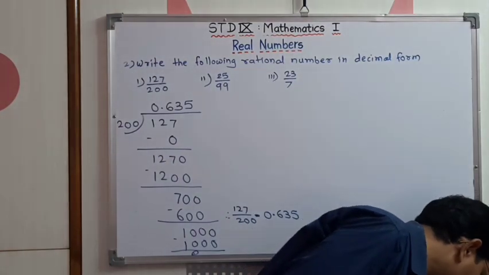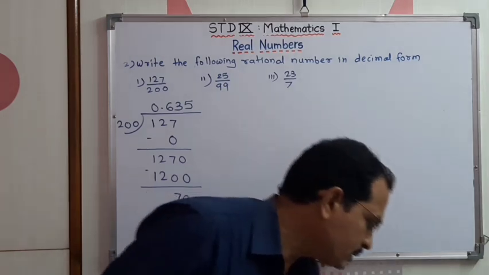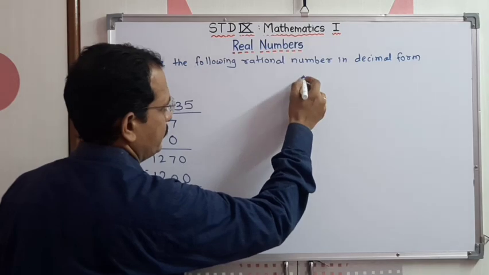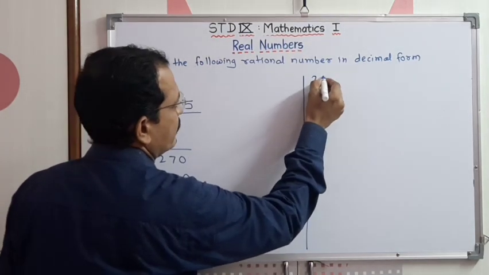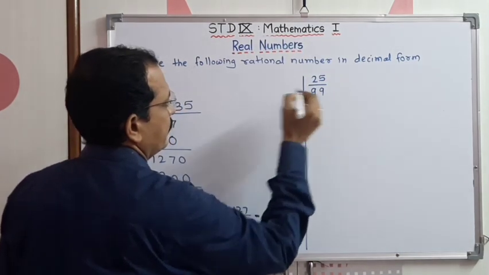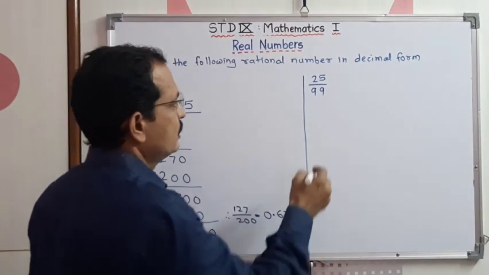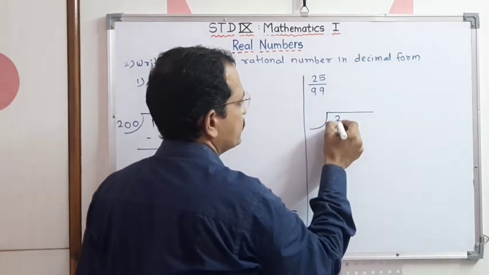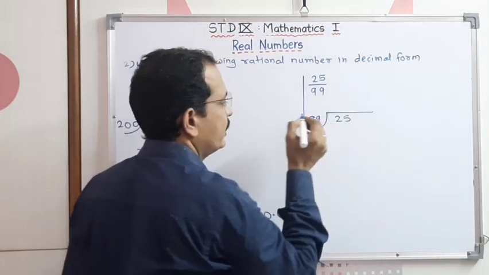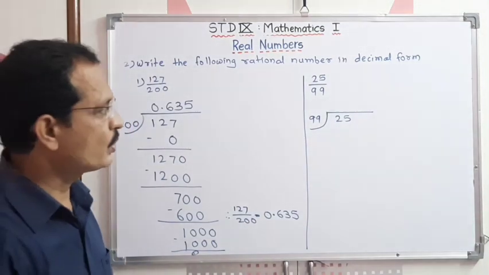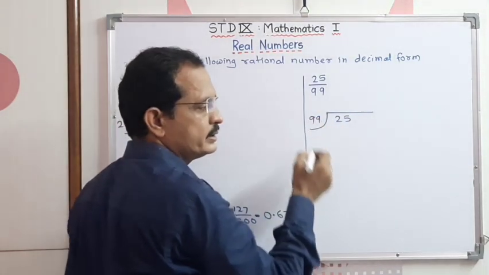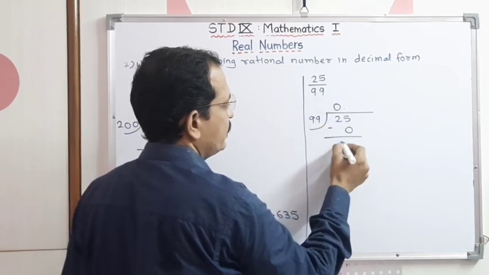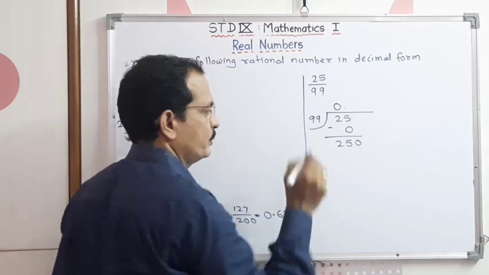Now see what we have to do here. We have to see the second sum. It is 25 upon 99. In this process, first of all, we have to write here 25 and here 99. As all of you know that it is less than this, therefore we have to take the division of 0, then it is 250.